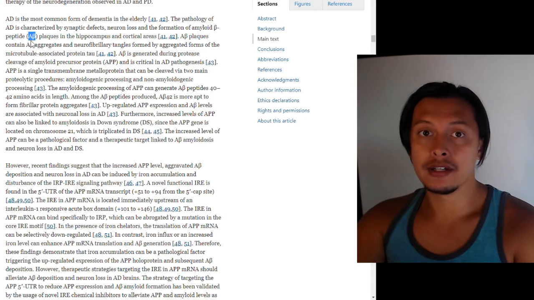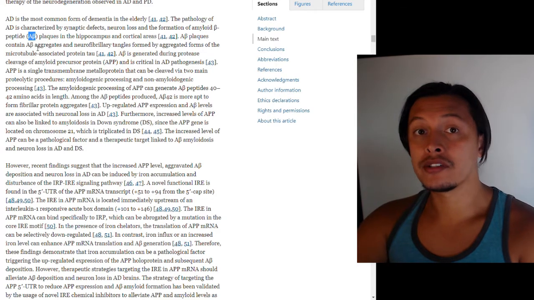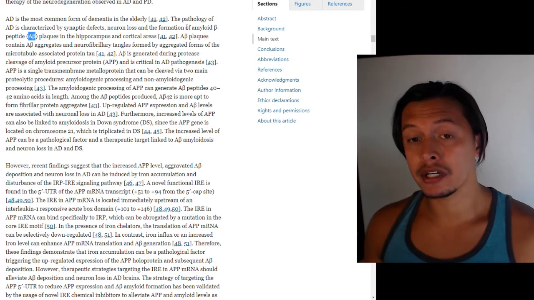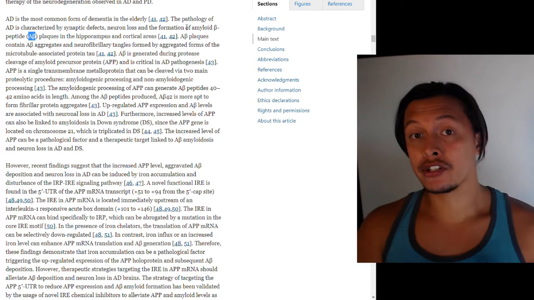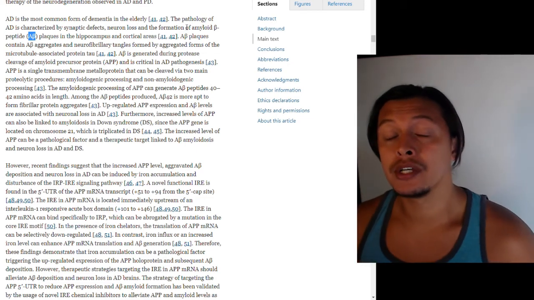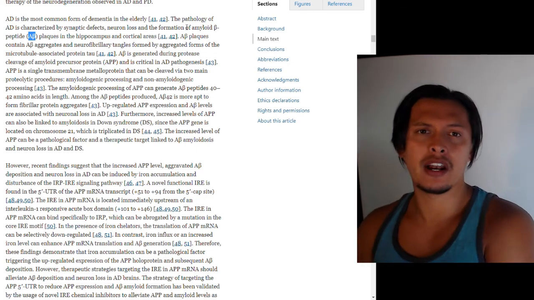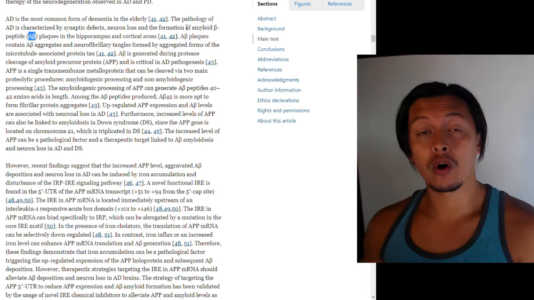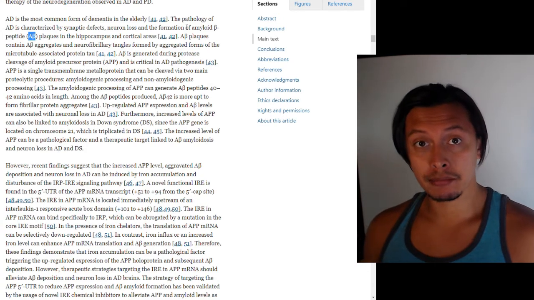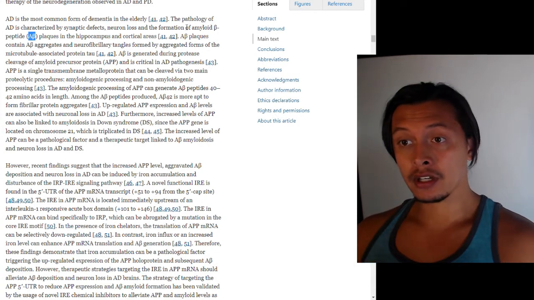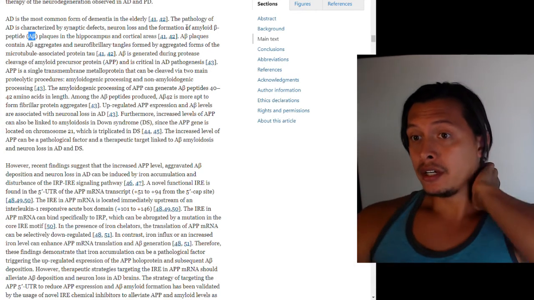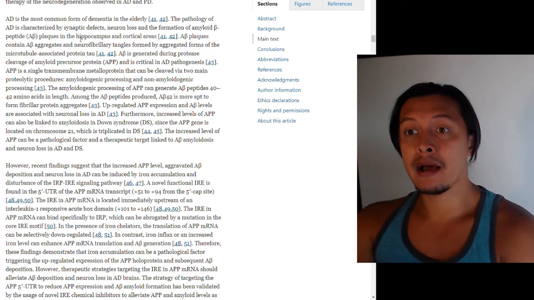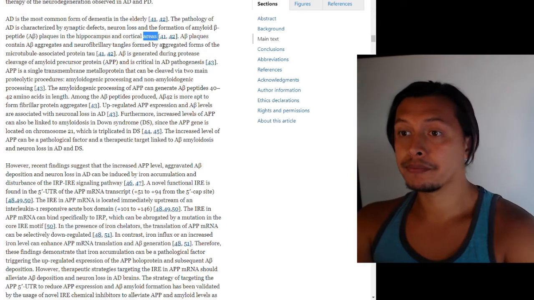These amyloid betas are a subset of the type of peptides that can be formed from the amyloid precursor protein. Some of the peptides are actually benign and don't cause problems, but some other ones that are, I think, 40 and 42 amino acids in length, those can form these plaques, and the formation of these plaques can cause neuron loss, right? And this is seen with Alzheimer's disease, and this happens in the hippocampus and the cortical areas.